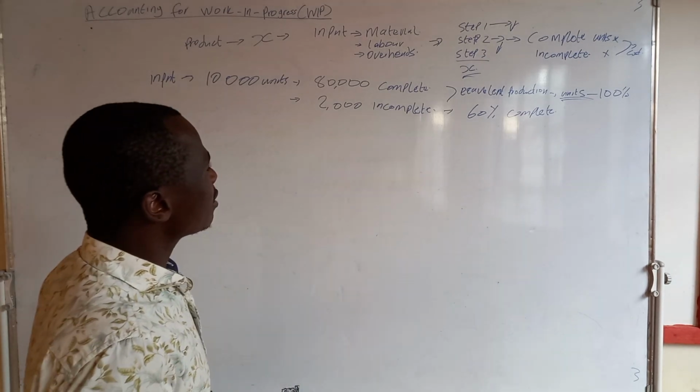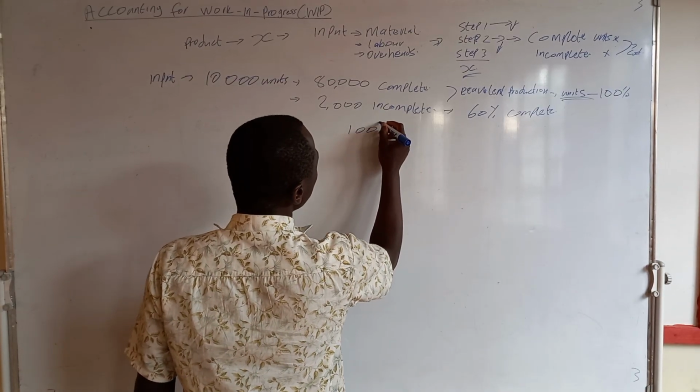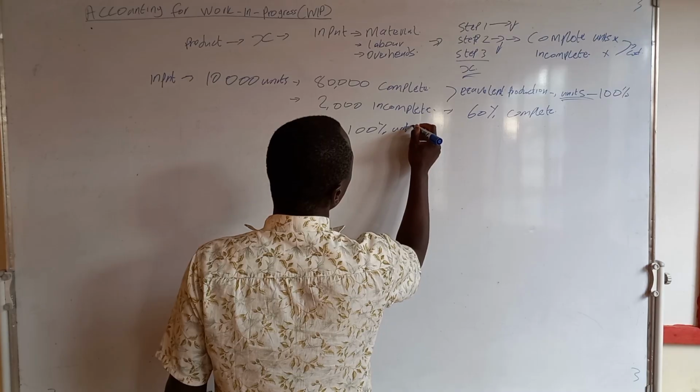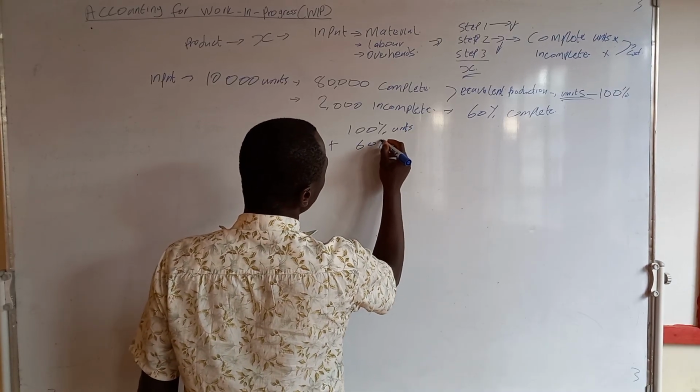So you are going to be accounting for the 100% units plus the 60% units.